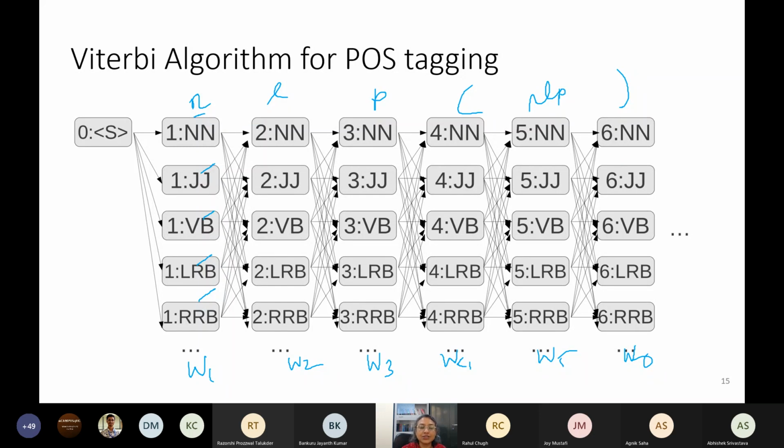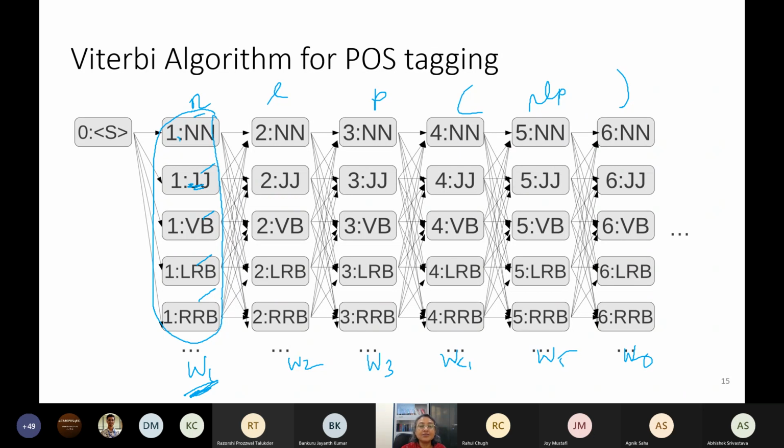At position 1, we find the probability that the tag is noun and the observed word is natural, or the probability that the tag is adjective and the word is natural. So at the first position in the sequence, we find all these probabilities.